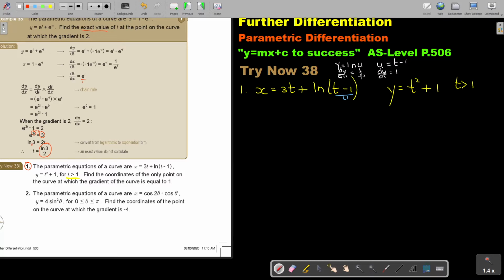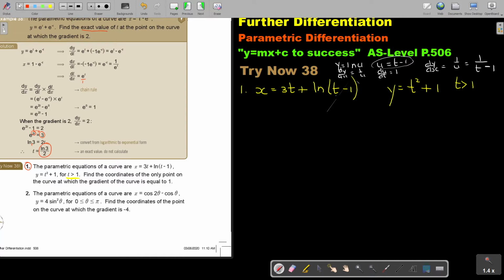And if I multiply this, I get dy over dx and it's just 1 over u, so it's going to be 1 over, and what is u? Don't forget, that's u, t minus 1. Okay, so for that part, I don't want to write the u there, just want to clean it there.